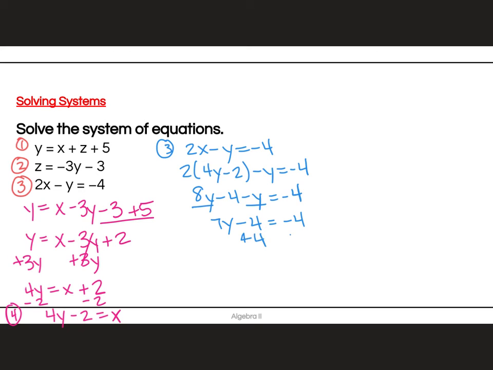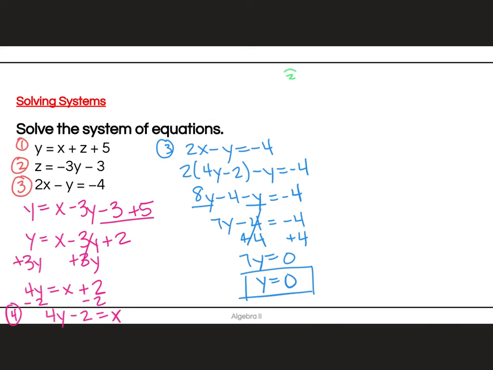I'm going to add 4 on both sides. So 7y, that's canceled, is equal to 0. So y is 0. So I have a value for y. Okay? And if I look, I can take this value for y, plug it into number 2, and that's going to get me z.